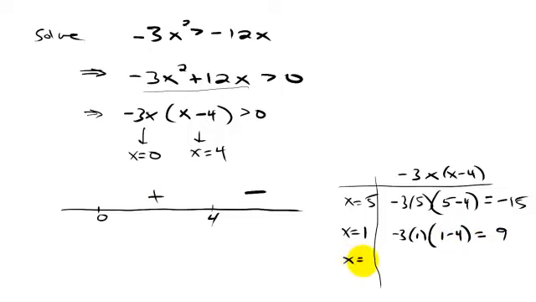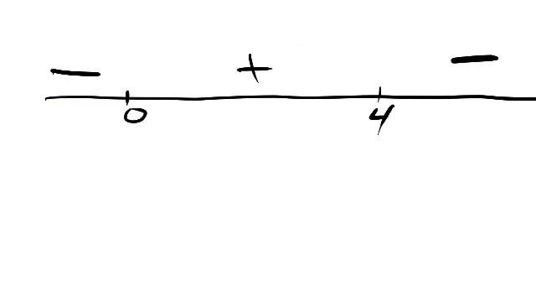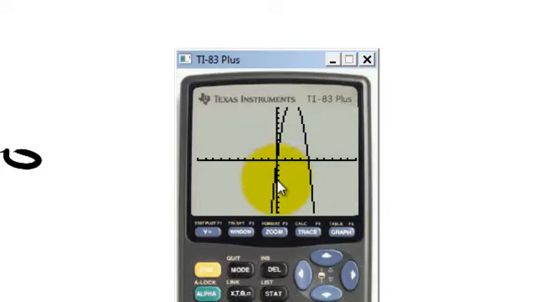And say negative 1. And so this gives me a positive 3 times negative 5. That's negative. So is that what we got with our graphing calculator? Yeah. See, less than 0 we're negative, greater than 4 we're negative.